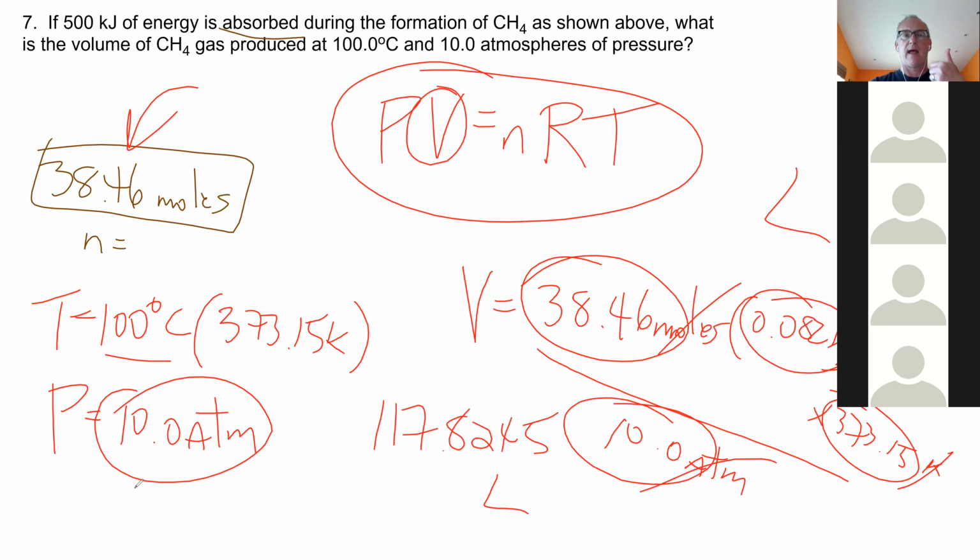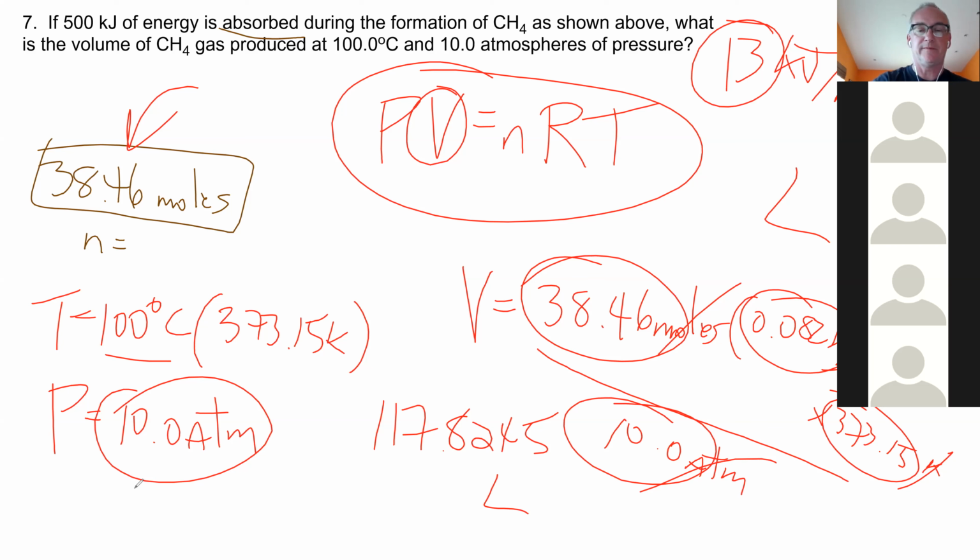So how many significant digits can I use? 2. Yeah, you're pretty much stuck with 2 because all we solved for, remember, we were stuck with 13 kilojoules per mole. If we had 13.0 kilojoules per mole, we could have used 3 significant digits, but we only have 2.